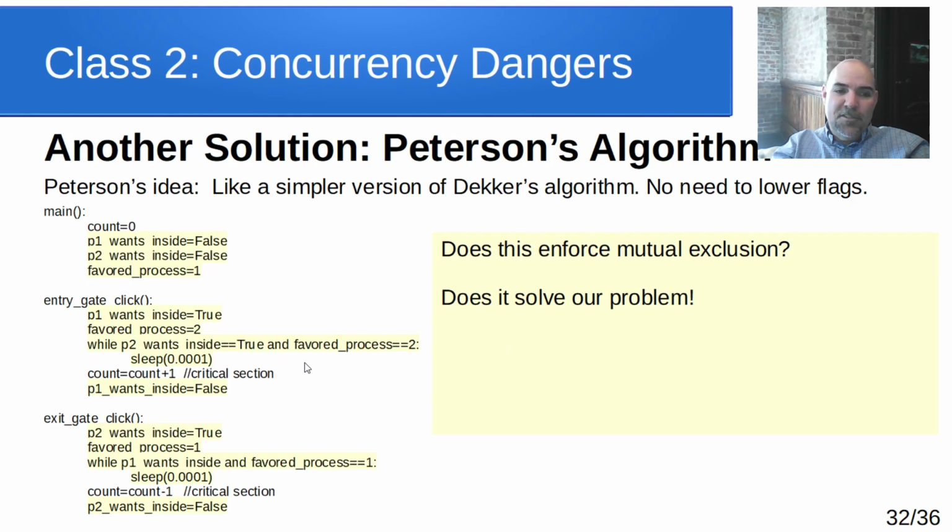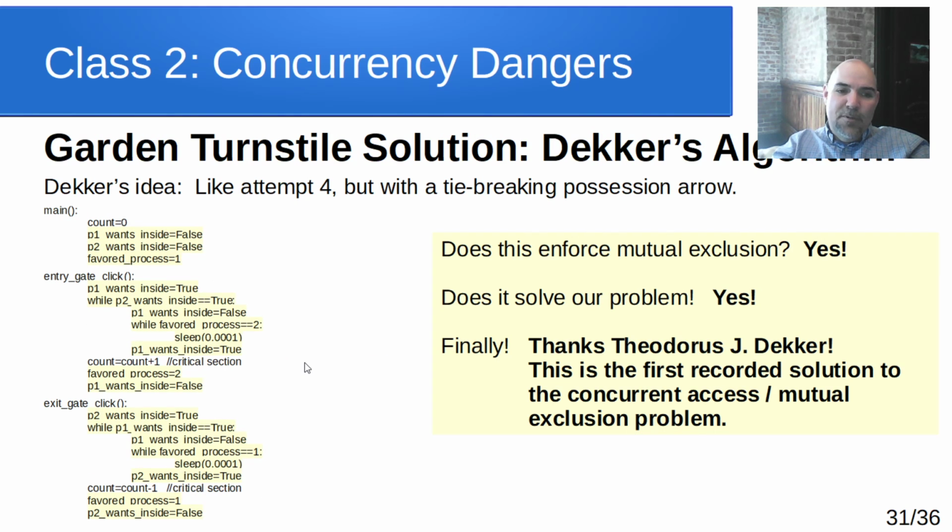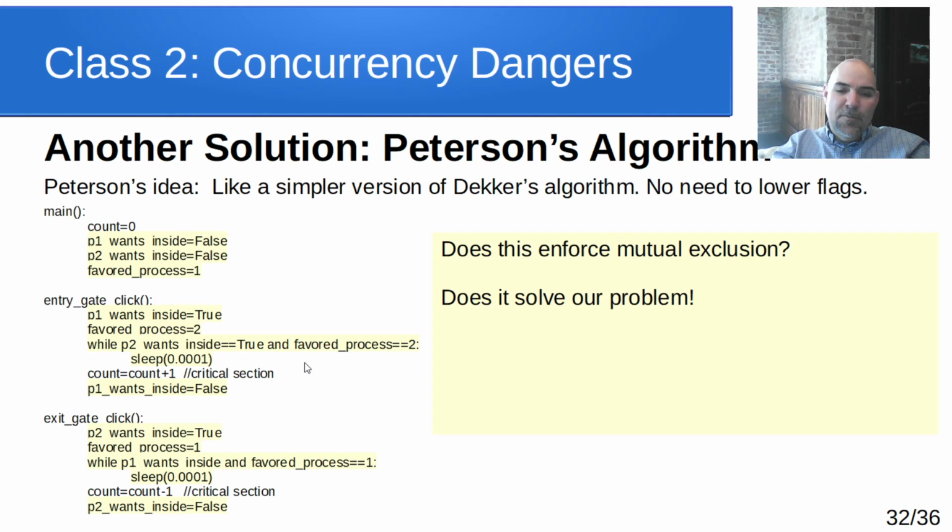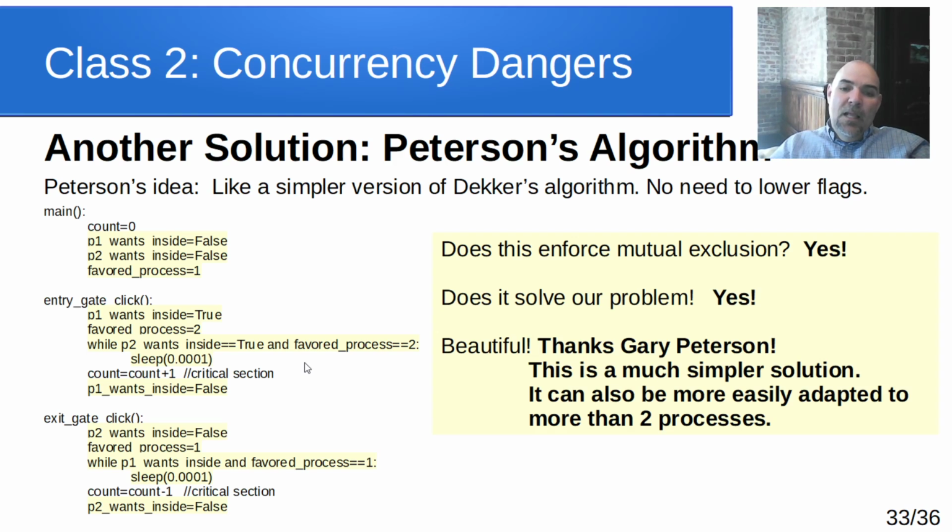I raised the font size, but you can see there are a lot more lines of code for Dekker's algorithm than for Peterson's algorithm. And this one is also easier to adapt to more than 2 processes than Dekker's algorithm is. I'll let you think about how you might adapt that to more than 2 processes.